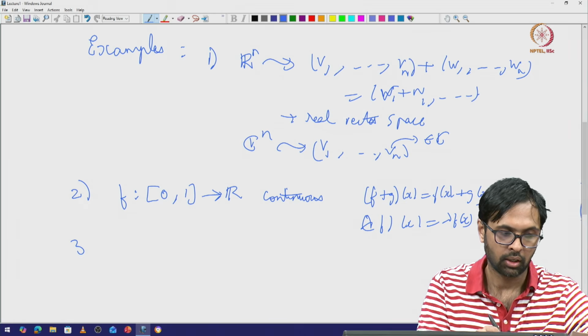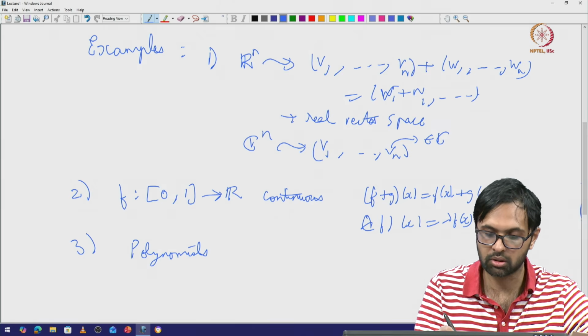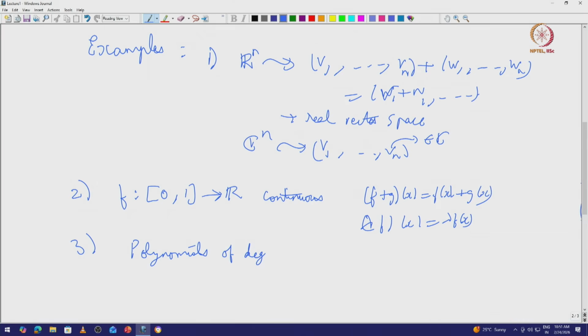For example, polynomials of degree at most n, where n is any integer, with say real coefficients, or even complex coefficients for that matter, form a vector space.